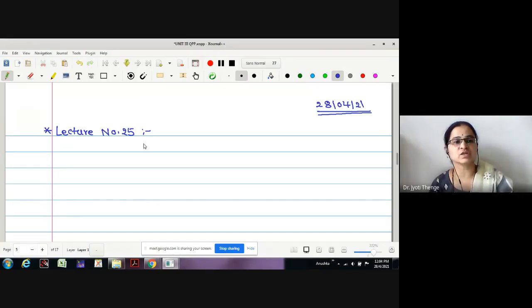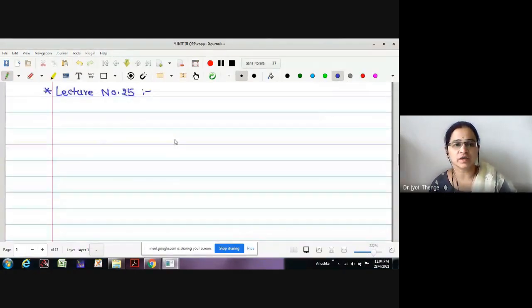Nonlinear means there is no condition of linearity on the objective function and the constraints. And this quadratic programming problem we are going to study is a special case of nonlinear programming problem in which the objective function is not linear but the constraints are linear. Therefore, first we will study that Lagrangian method for constructing the necessary condition for the optimization of the given problem.